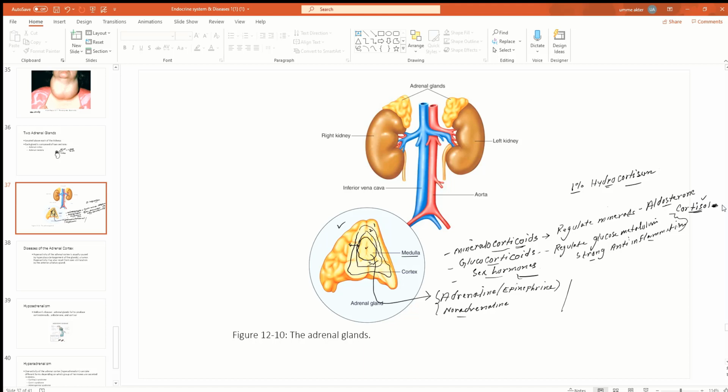Adrenaline is responsible for fight or flight response, because both adrenaline and noradrenaline stimulate the sympathetic nervous system.